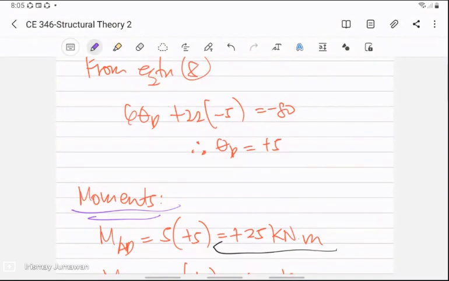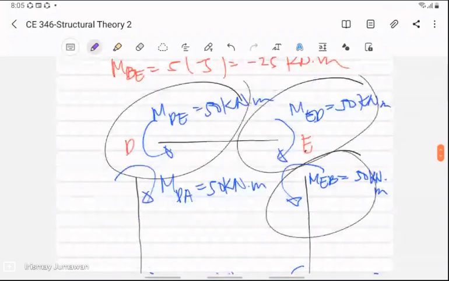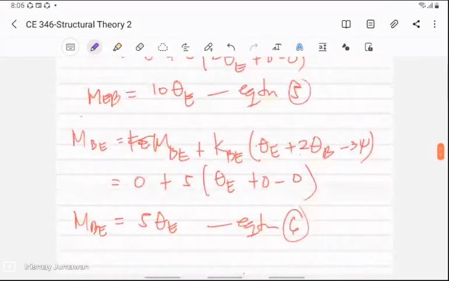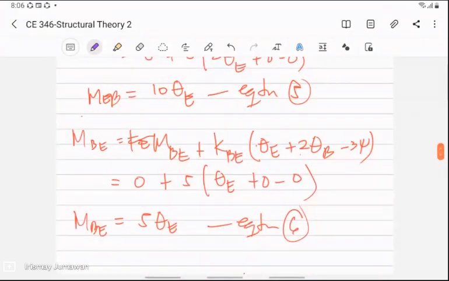Why? Because we now have the value of our psi. We have here our psi value. So it is all about the process, the steps in solving. But you have to be careful.